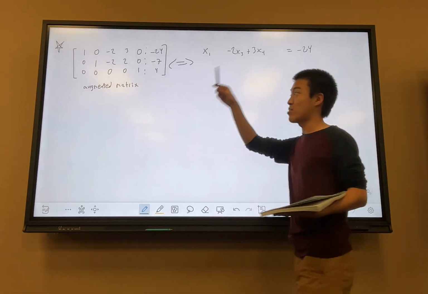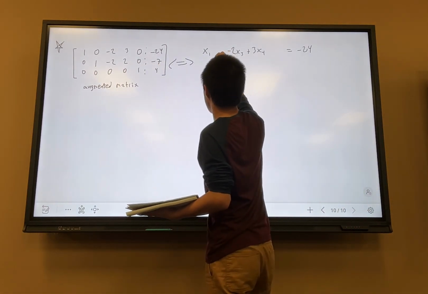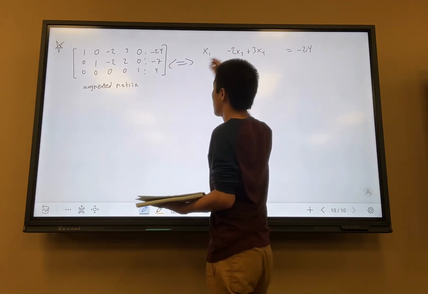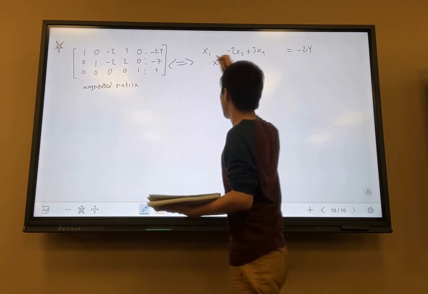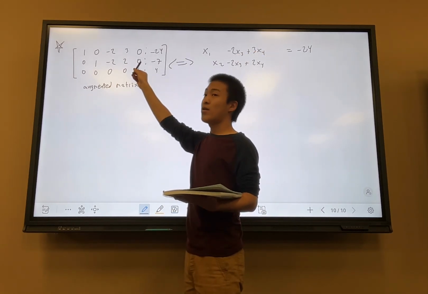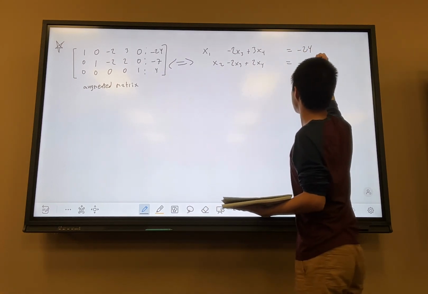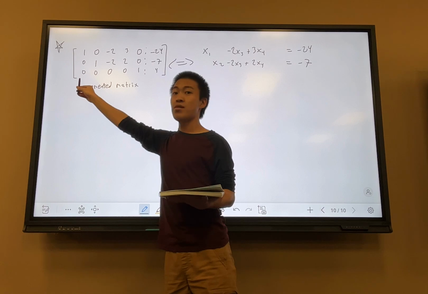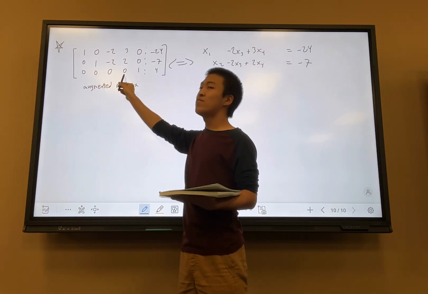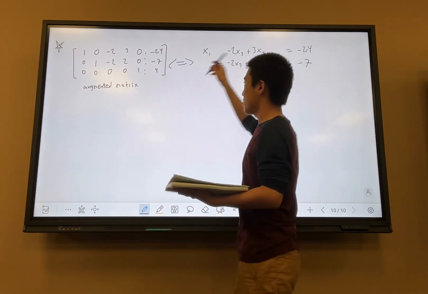So I'm going to now do the rest. 0 x1, 1 times x2, minus 2 times x3, plus 2 x4, plus 0 x5 is equal to minus 7. 0 x1 plus 0 x2 plus 0 x3 plus 0 x4 plus x5 is equal to 4.